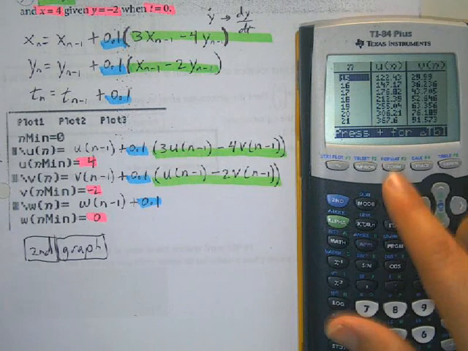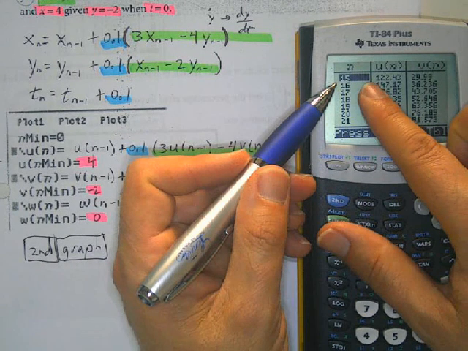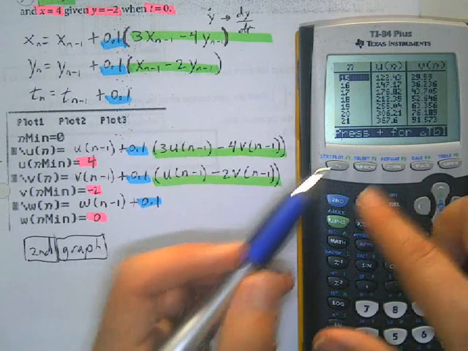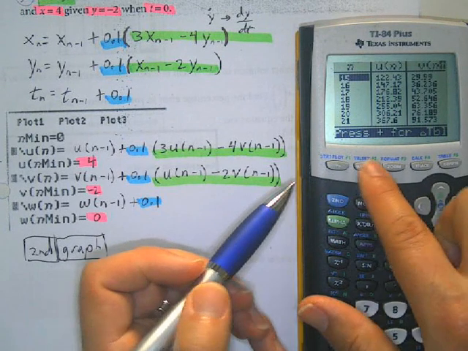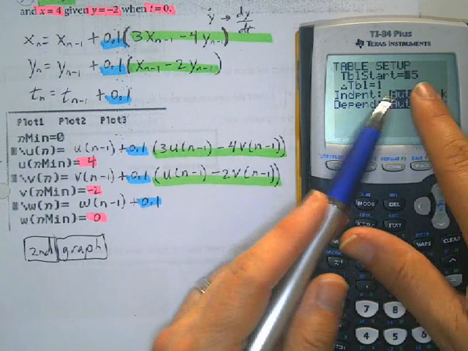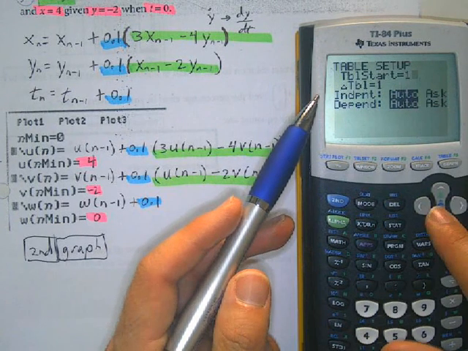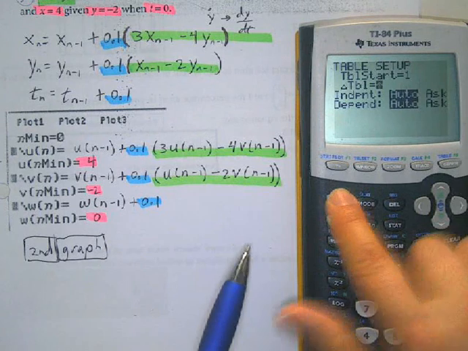So if you wanted to start it out at 1 or 0 or something like that, we can change the table set, this blue one. So I hit second window to change my table set. Let's start at 1. Okay, now let's hit second graph again.